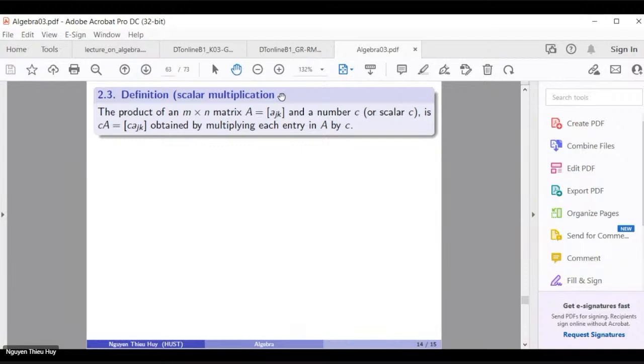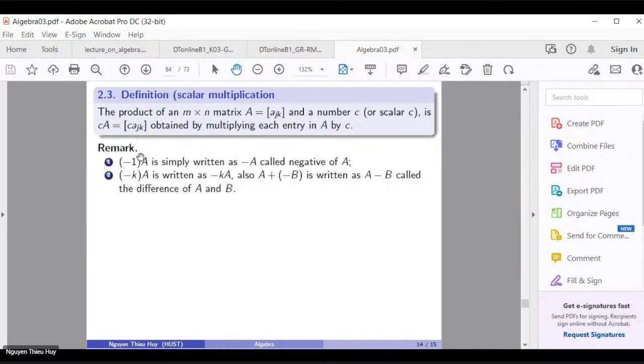The product of a matrix and a number is defined as follows. cA, this is the notation, means multiplying c with all the entries of A. So the product c times A is obtained by multiplying each entry in A by c. You multiply c to every entry of A.